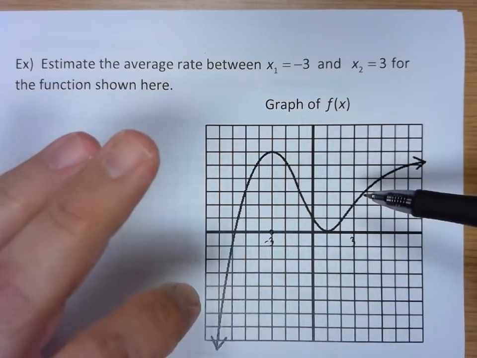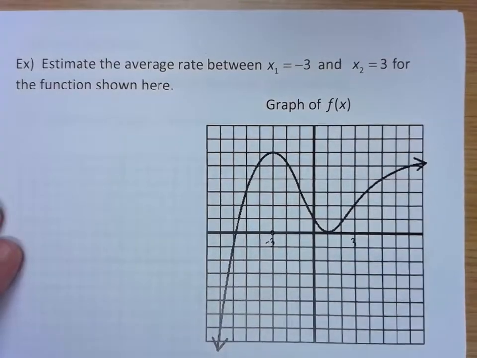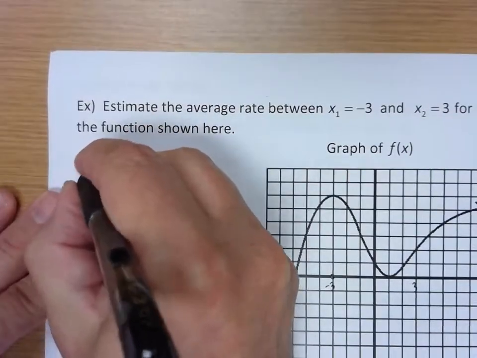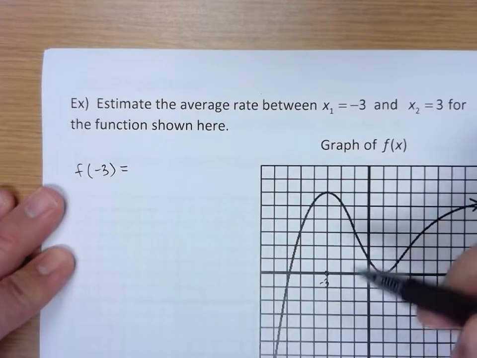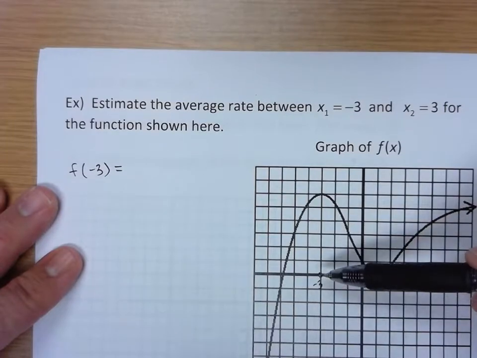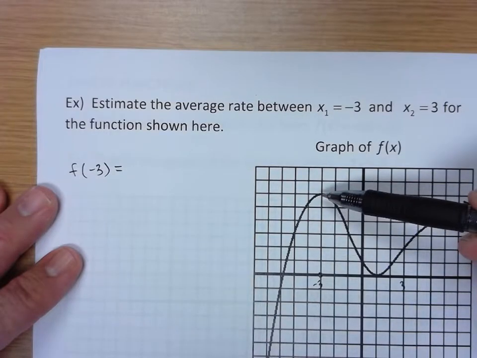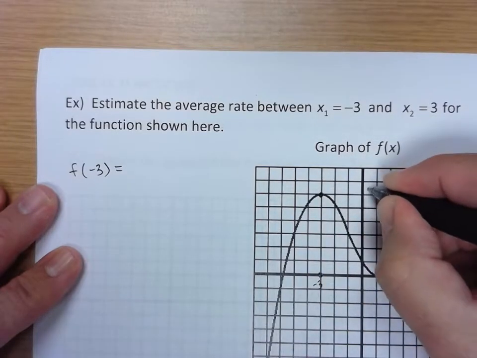You still need to get the actual points, the two-dimensional points, to calculate your slope. Well, since you've got a graph and you know the x values, you need to know the f outputs. I need to know f of -3, and I get that information directly from the graph, just like we did previously. X equals -3 gives me a y output right here of +6.